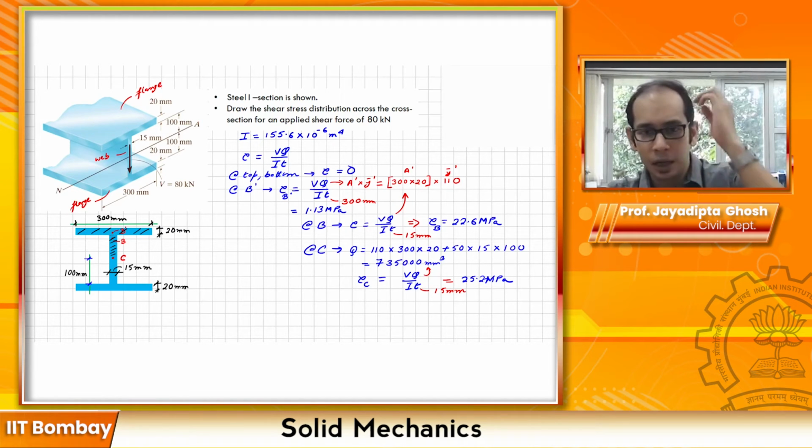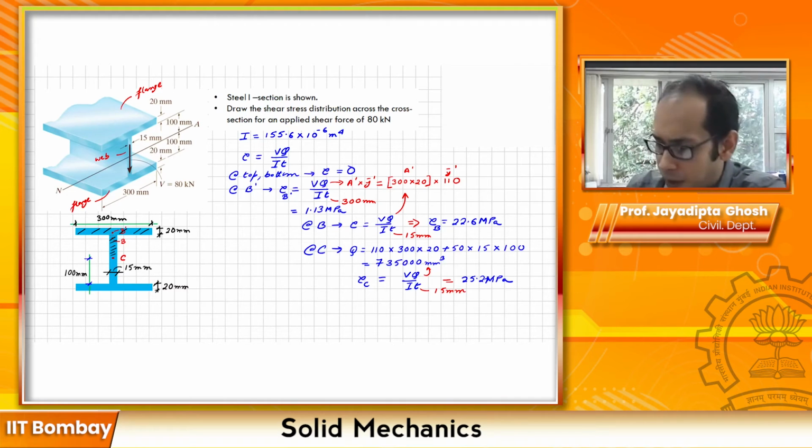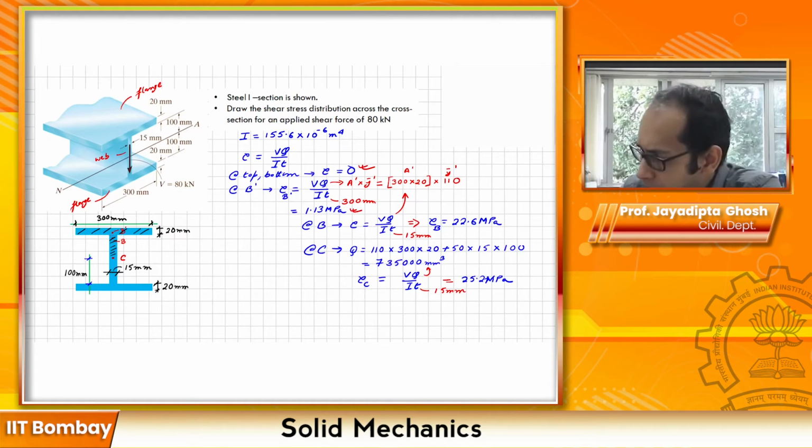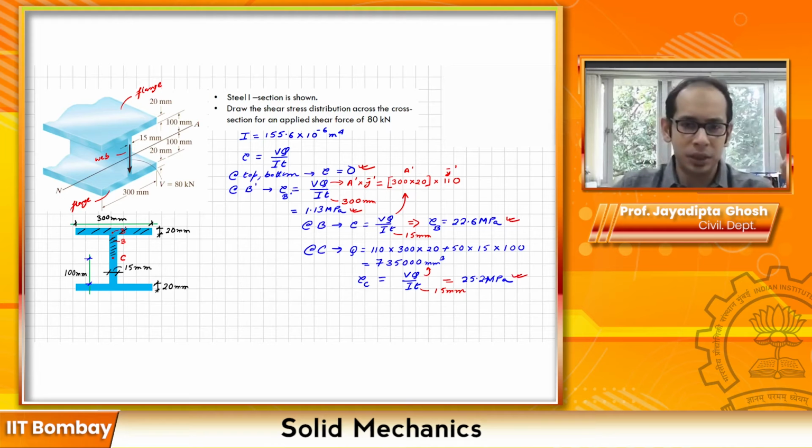So let's again jot down the main regions we saw. First, at the top and the bottom it is 0. At B prime it is 1.13 MPa, at B it is 22.6 MPa, and at C it is 25.2 MPa.